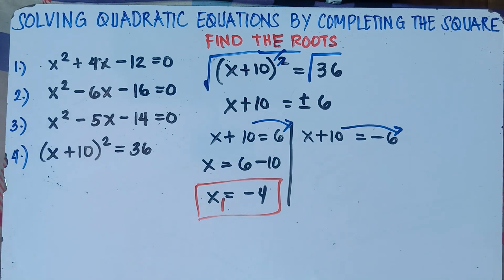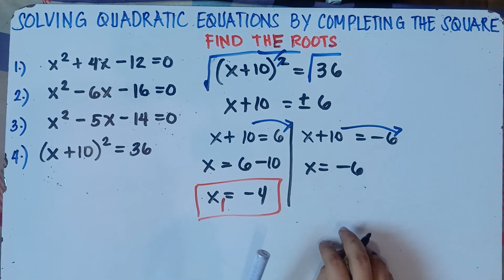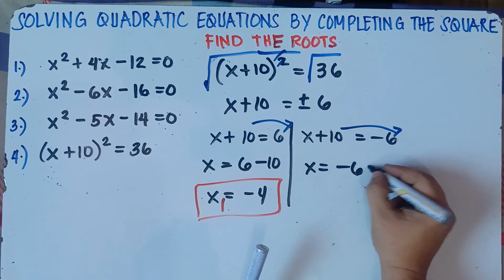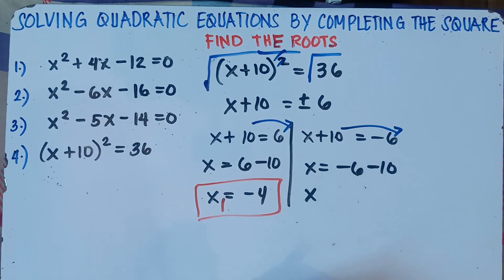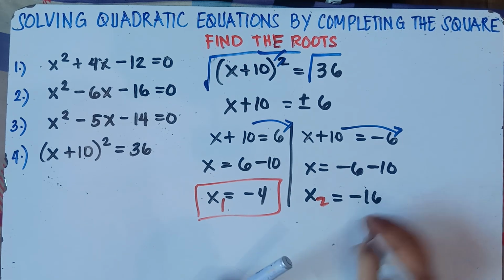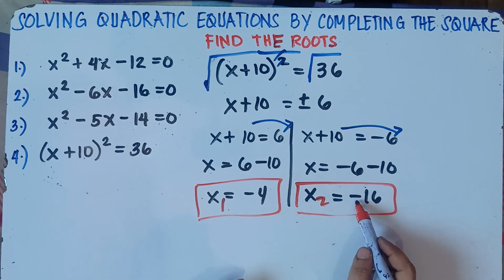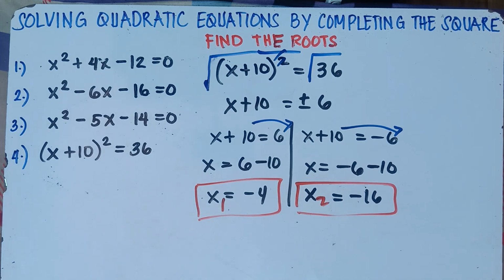And the other one, we have x equals, copy negative 6. We transpose positive 10, it will be negative 10. So x sub 2, negative 6 minus 10, that's negative 16. That's it, class. If both are negative, simply copy the negative sign, then you add the numbers. That's the answer, class, for number 4. So easy, right?